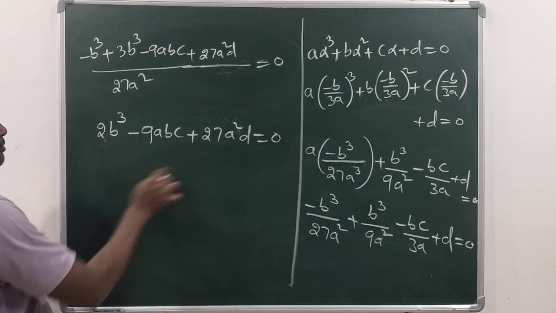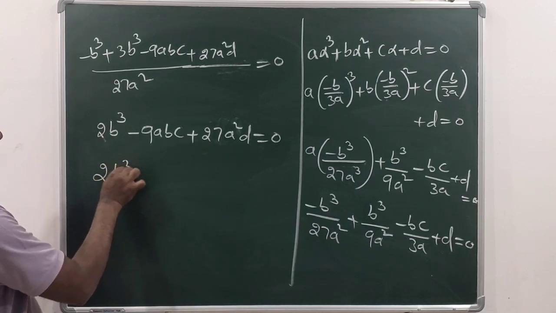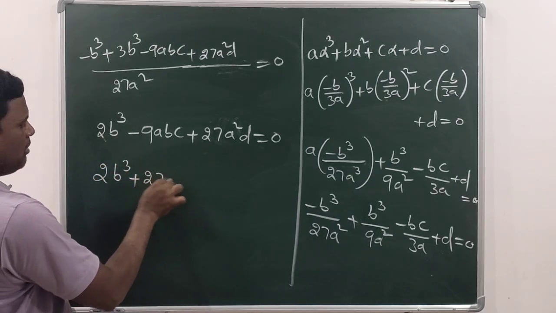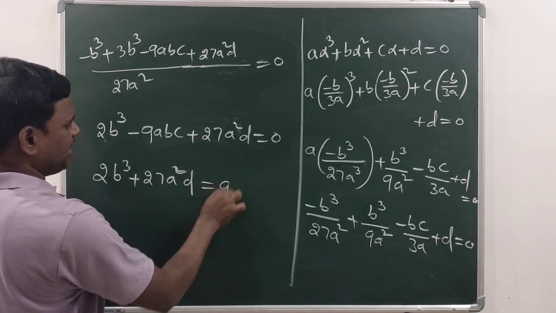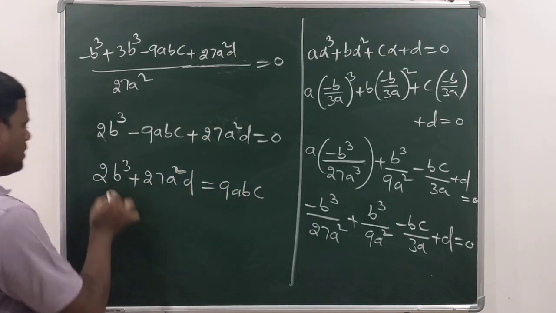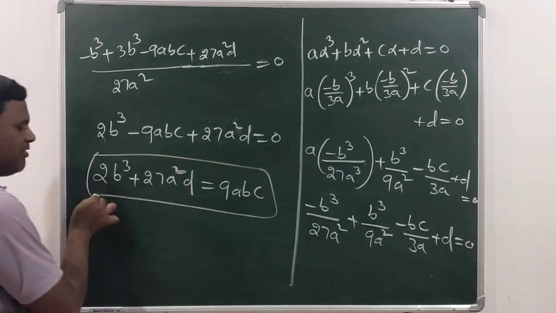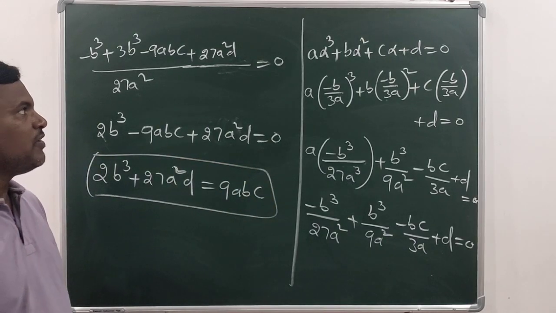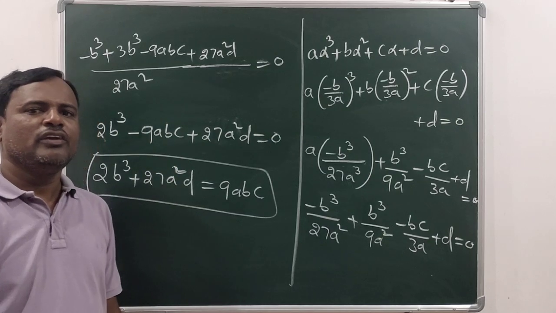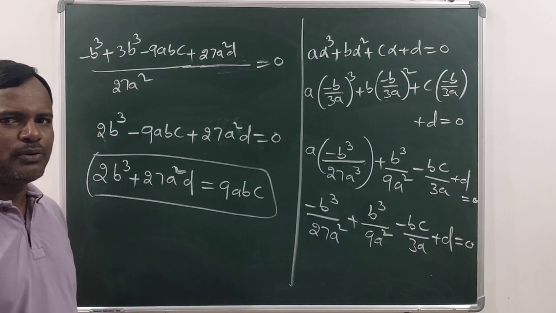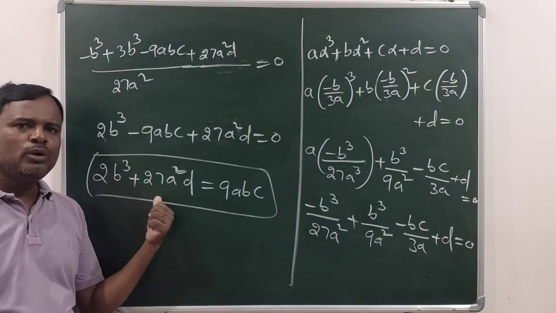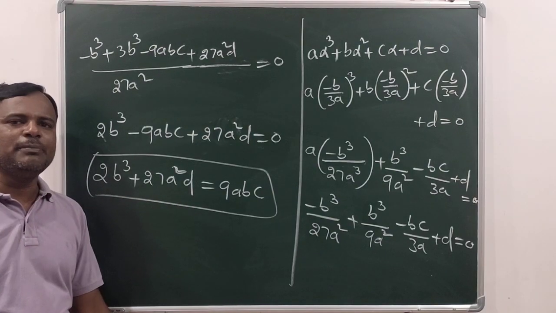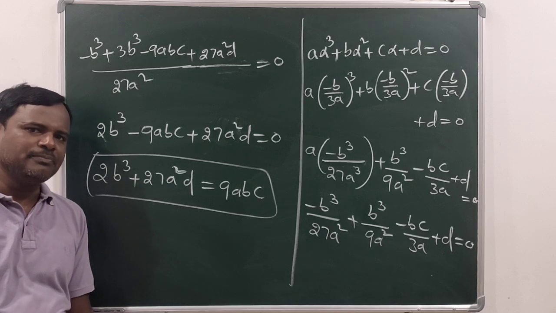Now keep these two terms on the LHS only, 2b cube plus 27a square d, and transfer this one to the right side, 9abc. So this is the required condition for that cubic polynomial if whose roots are in arithmetic progression. What is that condition? 2b cube plus 27a square d equals 9abc.